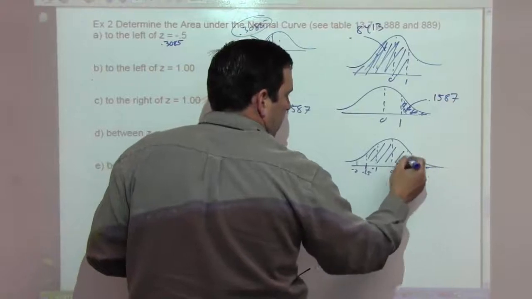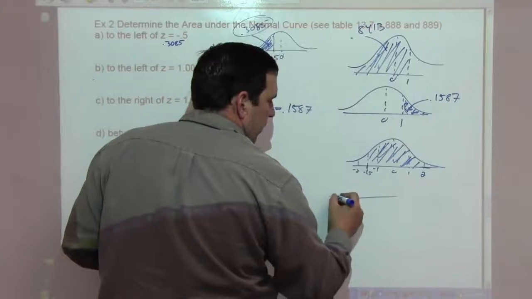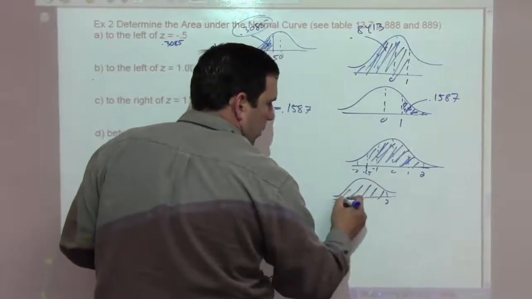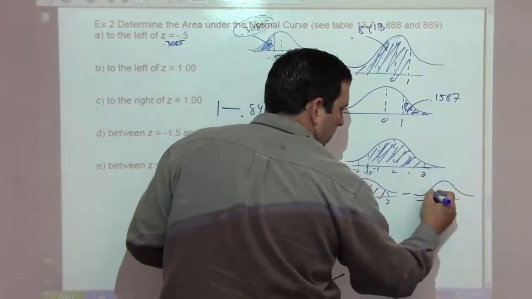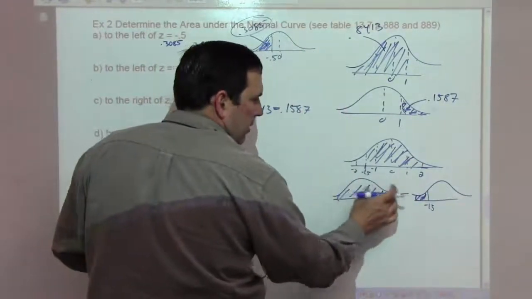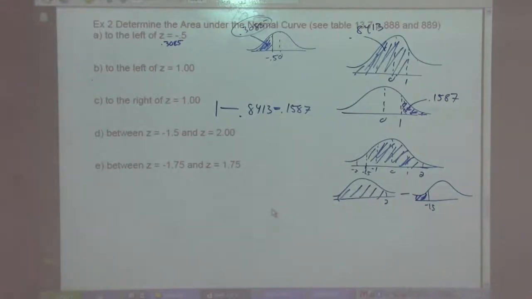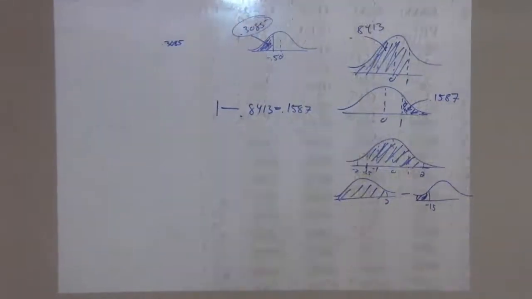One way to view that is to take the whole thing from 2 on down, minus the part from negative 1.5 on down. So we find this value and subtract out that value. For 2, it's 0.9772.